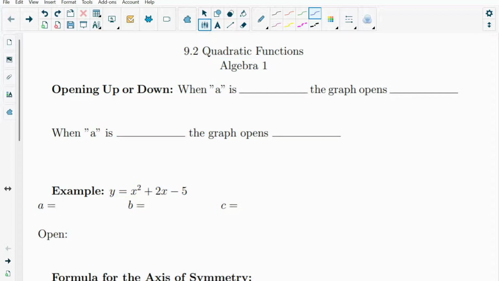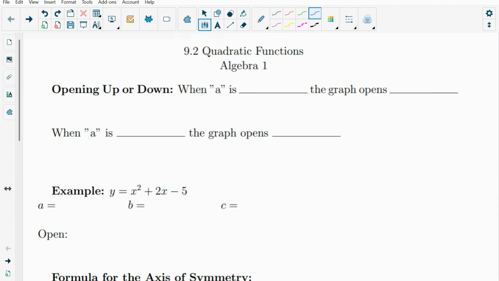In 9.2, we are continuing to look at quadratic functions. A lot of this we've already covered, so this should be a majority of review for all of you. We can determine when a quadratic function opens up or down, all based on the a value, or the leading coefficient.